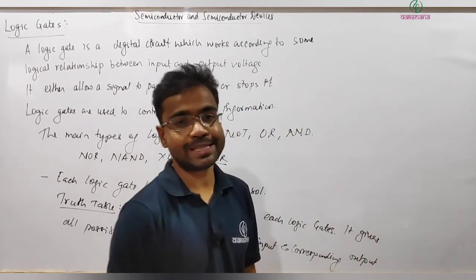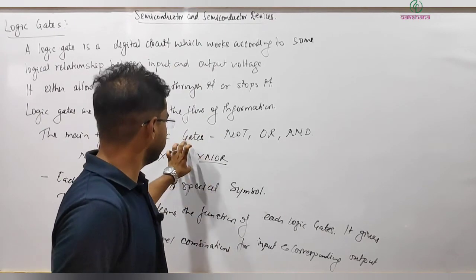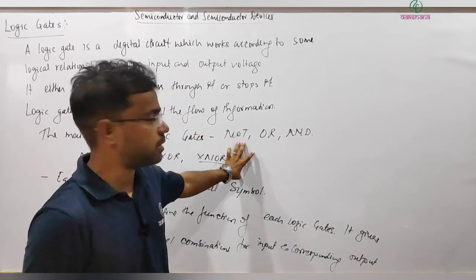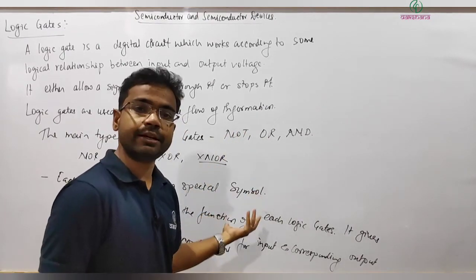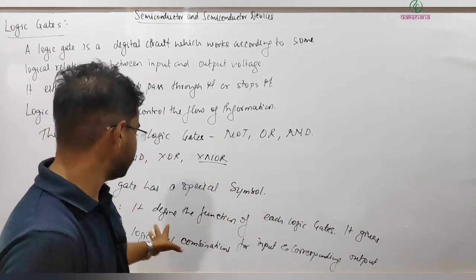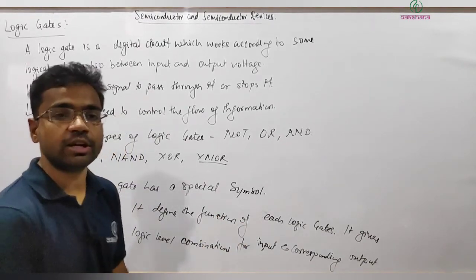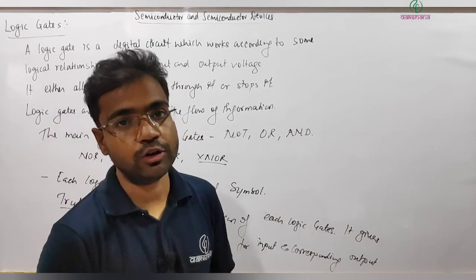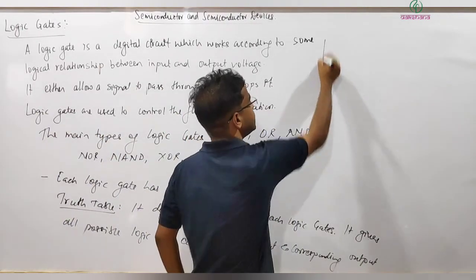So a truth table is used to define the function of each logic gate. For each logic gate there is a proper symbol, I will write that, and to define their function we have the truth table. Truth tables give the information about all the possible logic level combinations for input and output. That way we can understand what exactly every gate does.